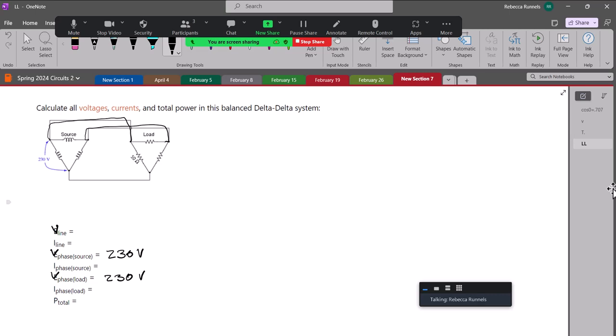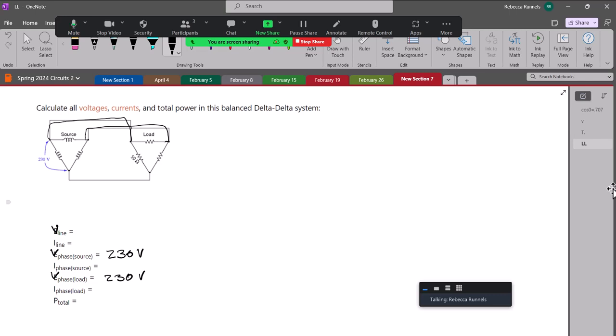Right one? Yes, it is. Okay, so now let's see if we can find our phase current on the load. So, all right.